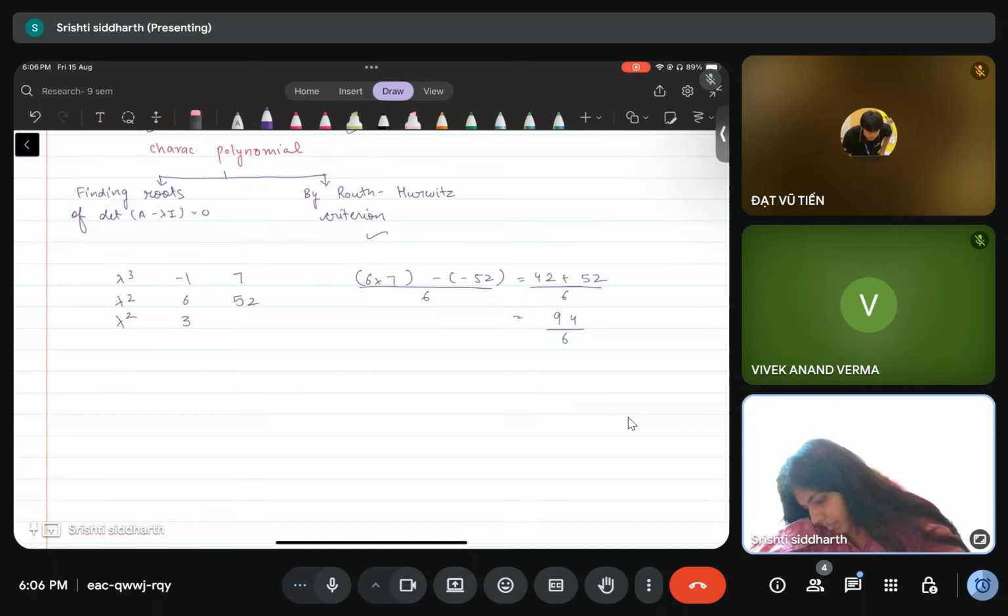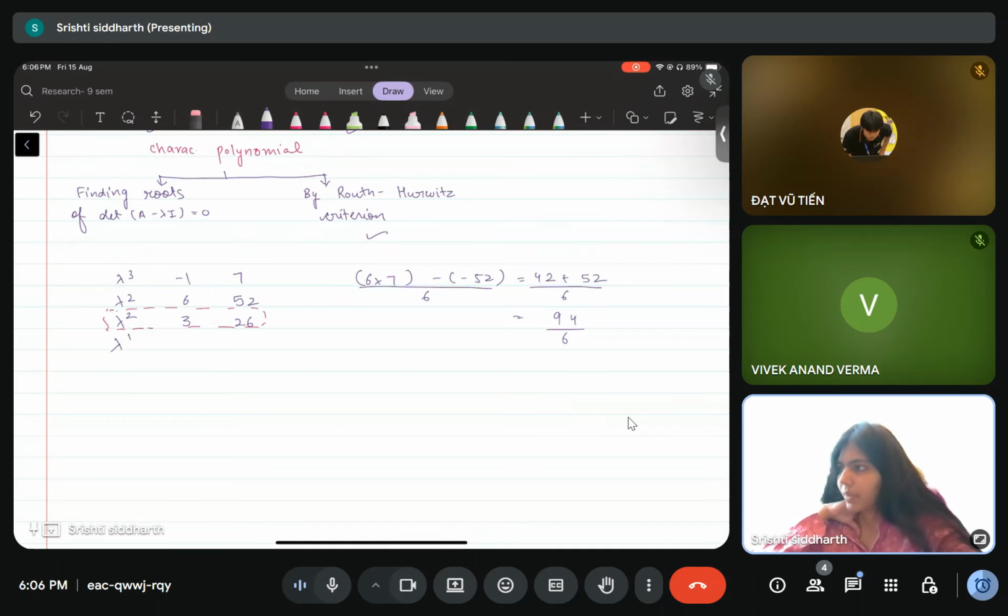So this is 3 and 26. This makes it simpler. Scaling this down, lambda 1 would be 47 over 3, then 0, and lambda 0 would simply be 26.